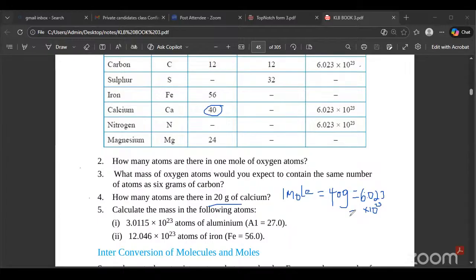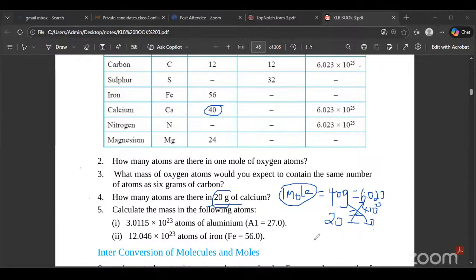But we have been given how many grams? 20. So you just equate. What about 20 grams? It will have how many? Then you cross multiply. The reason I'm writing this is it will help us somewhere else. You will see where it will help us.